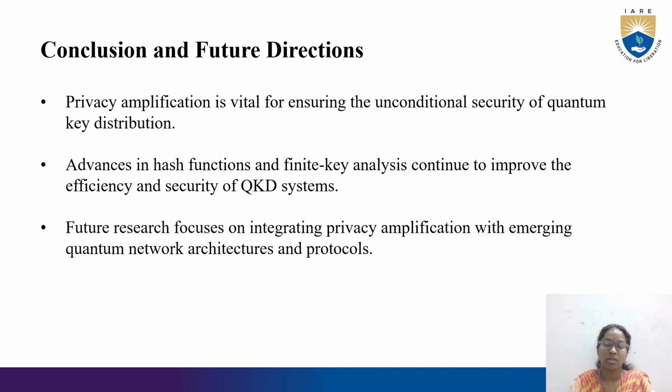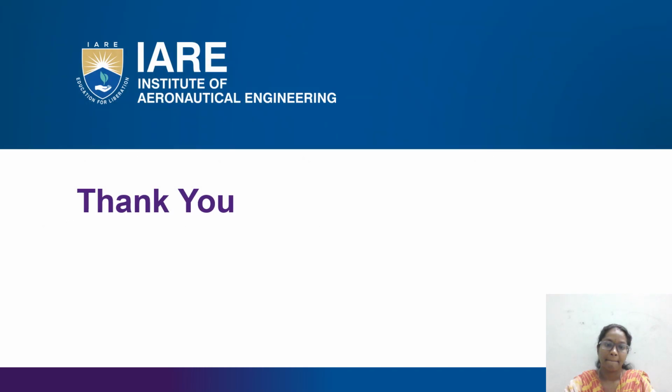Some advancement should be made in hash functions and quantum key distribution systems. Future research mainly focuses on integrating privacy amplification with emerging quantum network architectures and protocols. Thank you.